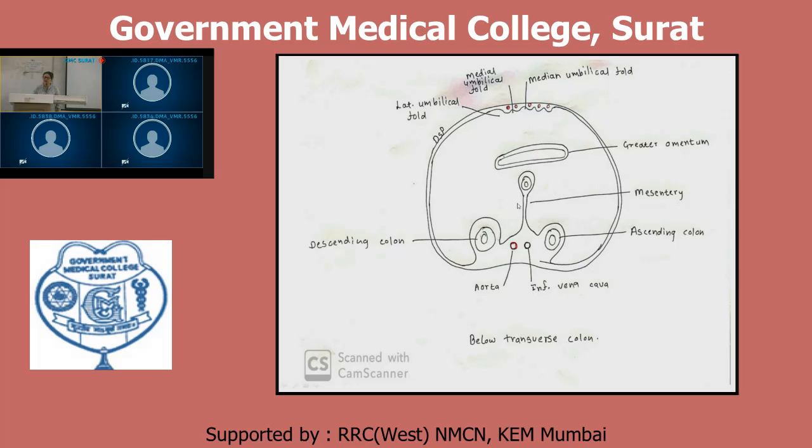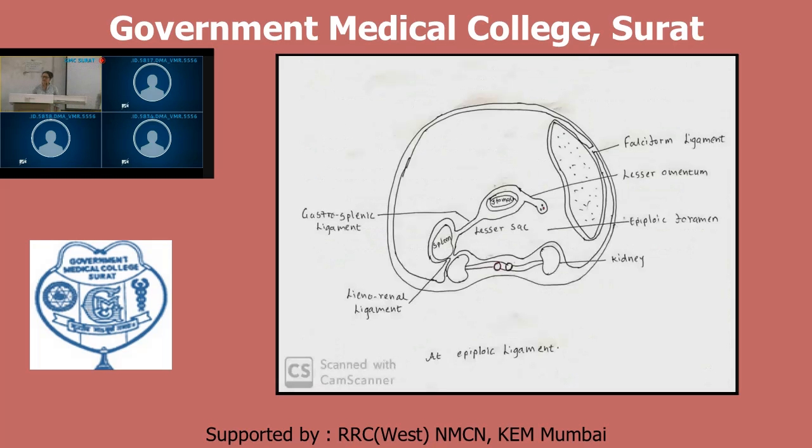You can see this is the lesser omentum, and this stomach you just saw, this is the gastrosplenic and this is the lienorenal. In front of the stomach this was basically ventral mesentery, the ventral mesogastrium, and this behind the stomach is the dorsal mesentery which you saw in the previous diagram. See, this is the dorsal mesentery.